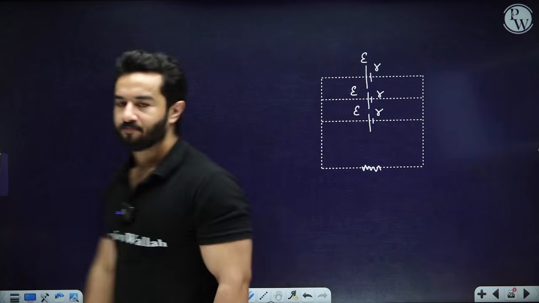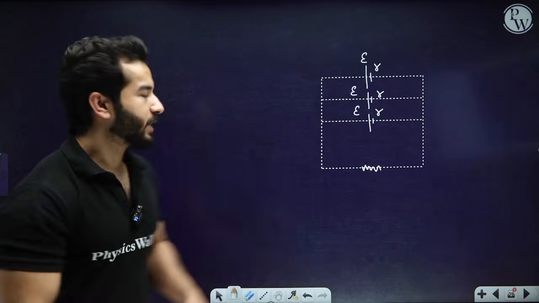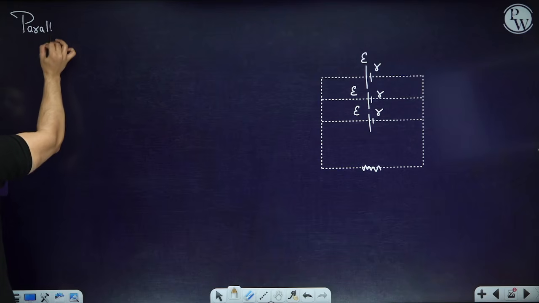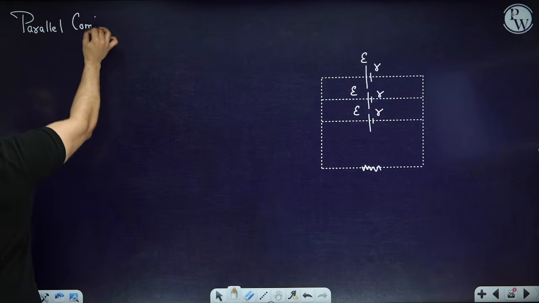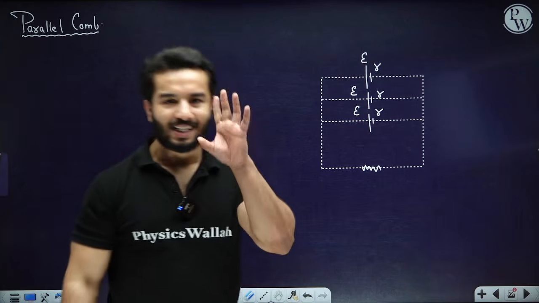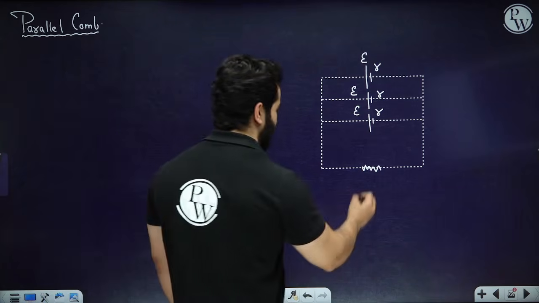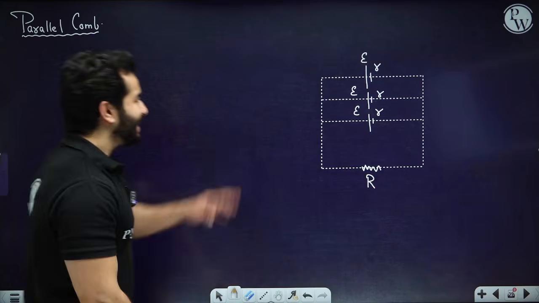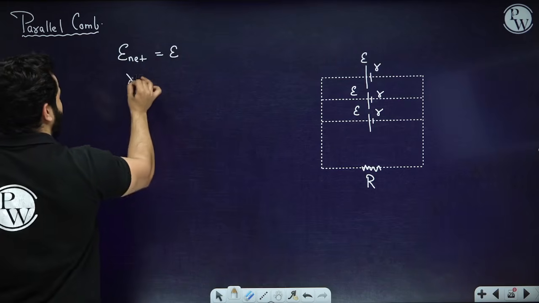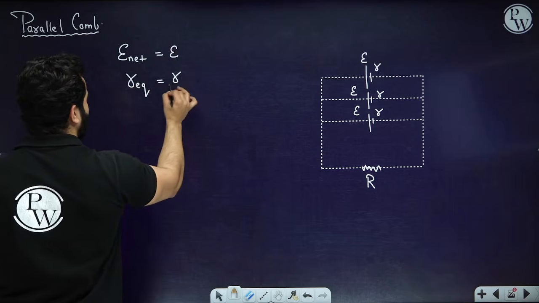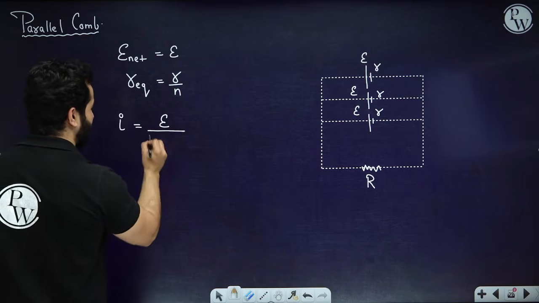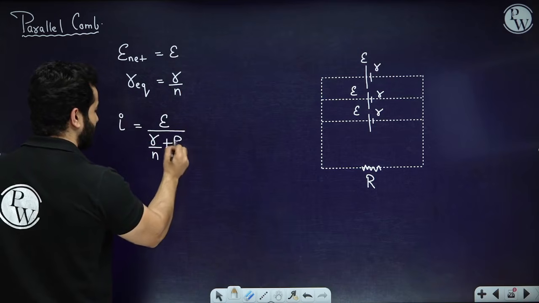Now think about it. What we mean to say in parallel combination is replace all of these cells with a single cell. That single cell will have the same EMF E, and all the internal resistances will be in parallel combination, that means r by n. So current will be equal to E divided by r by n plus the load resistance. That's it.